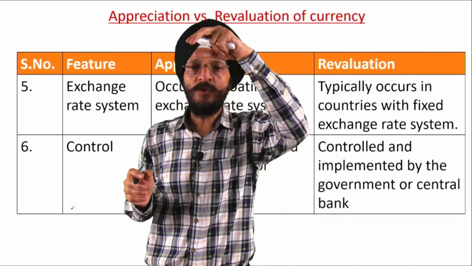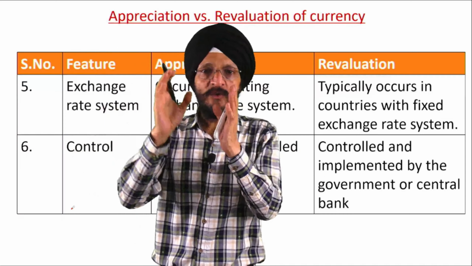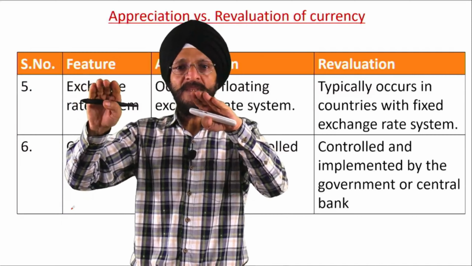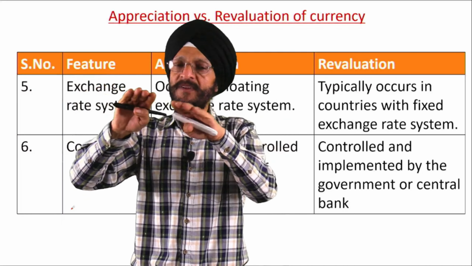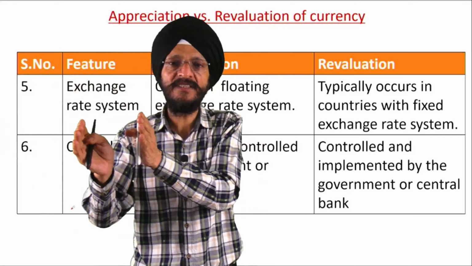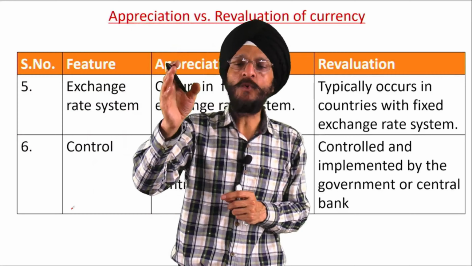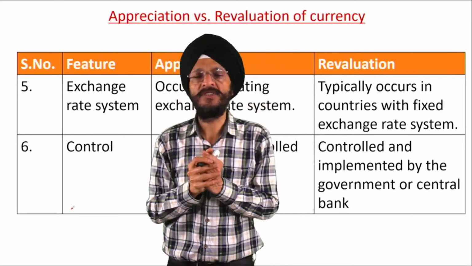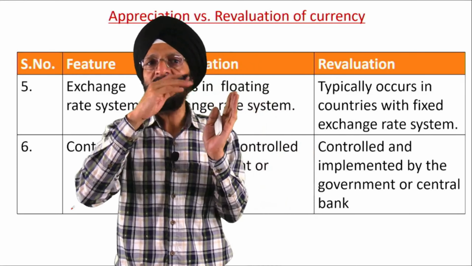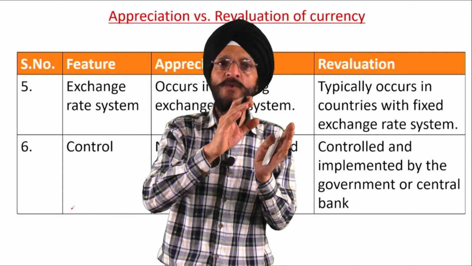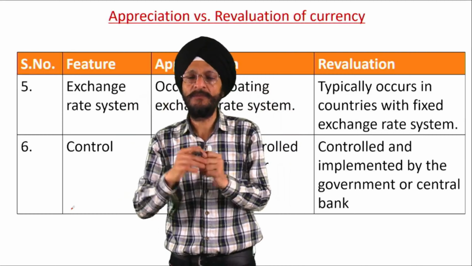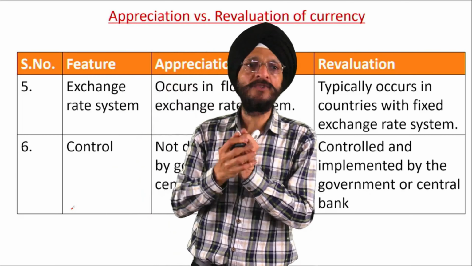That is, in those countries where the government is taking steps to maintain the fixed exchange rate between their domestic currency and the other currencies, currency revaluation generally occurs. We will be separately uploading courses on the floating exchange rate and fixed exchange rate system in detail. You can also view the same.